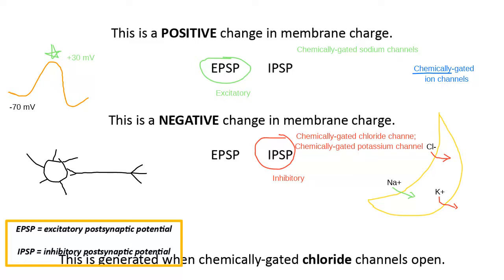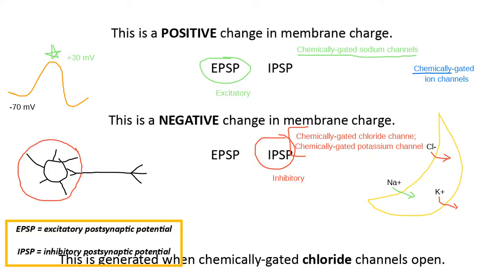Yeah, Kaylin's laughing at me taking any reason to draw a neuron, right? Kira's right. When we talk about chemically gated channels, whether it's our chemically gated sodium channels, whether it's our chemically gated chloride or potassium channels, any kind of chemically gated channels, they're only found on the dendrites.